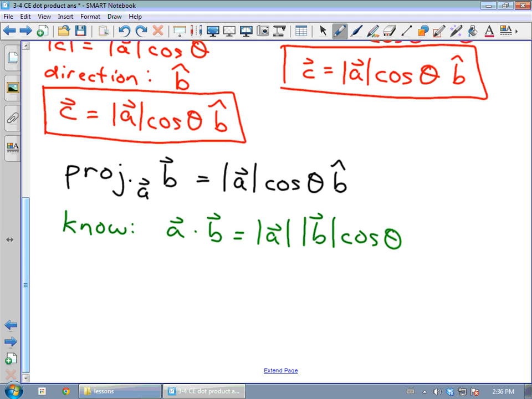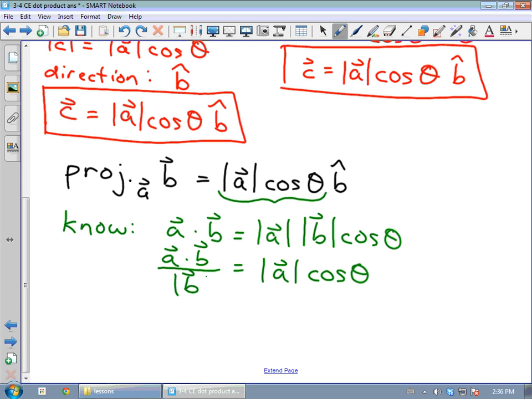What we want is A cos theta here. So we've got A cos theta appearing inside this formula, A times B cos theta. So let's just divide through by the magnitude of B. So we get A cos theta on the right-hand side. On the left-hand side, we're going to have A dot B divided by the magnitude of B.